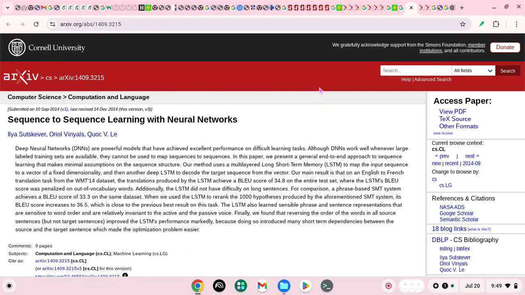So the language modeling task is formulated as sequence-to-sequence modeling. Sequence-to-sequence modeling means that a sequence is given as an input to a neural network architecture, and the output will be another sequence.